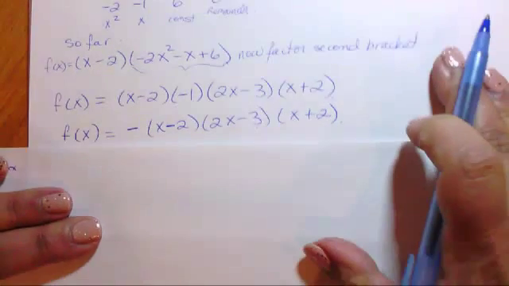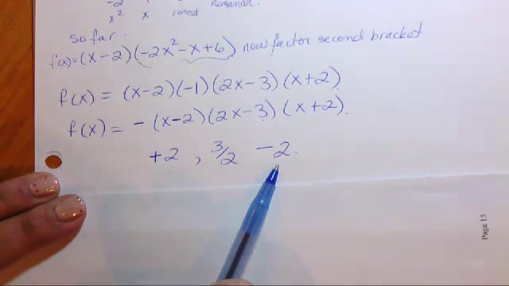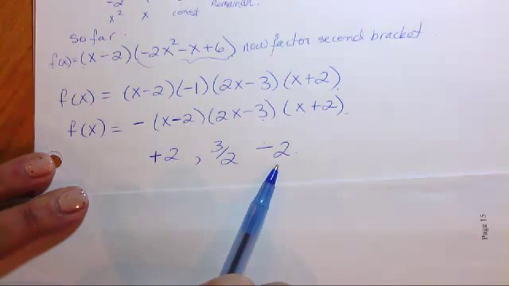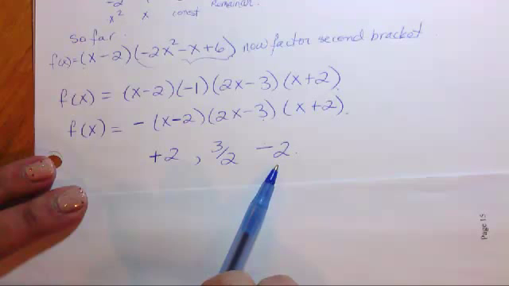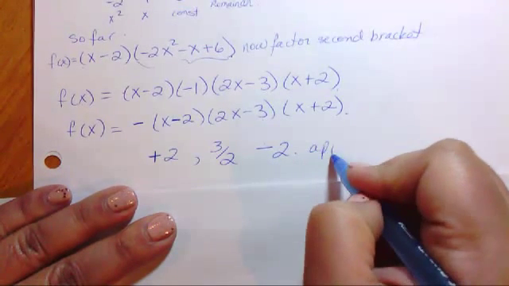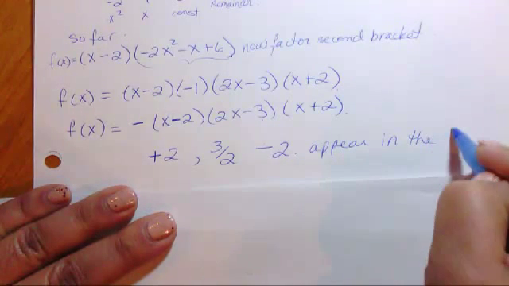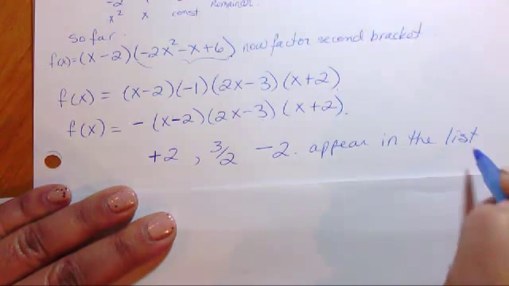So if you notice, these all appeared in that initial list that we started off with when we were guessing all the possible zeros that this polynomial could have. Okay, so these all appear in the list above.